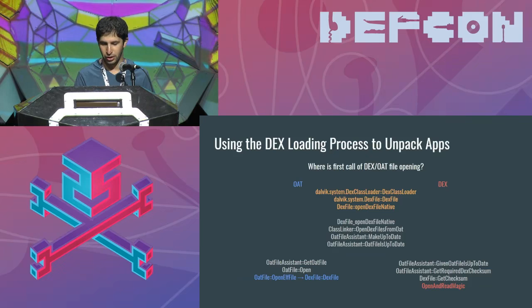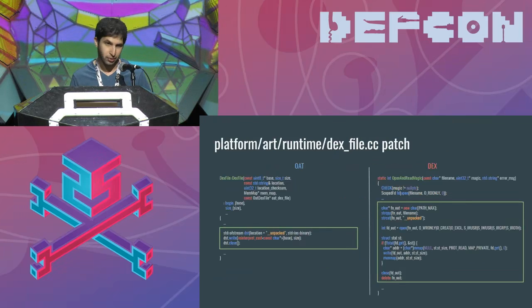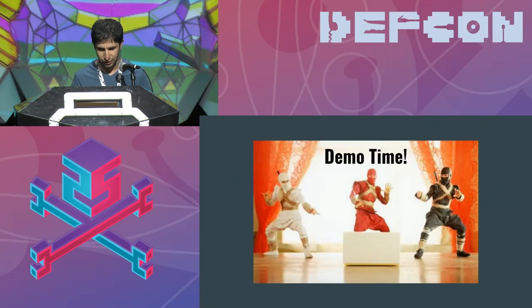So one function in the oat loading process and one in the dex loading process. And as you can see, it's only a few lines of code. One is three lines and one's a few more. And this allows us to dump the decrypted version of packed dex files.